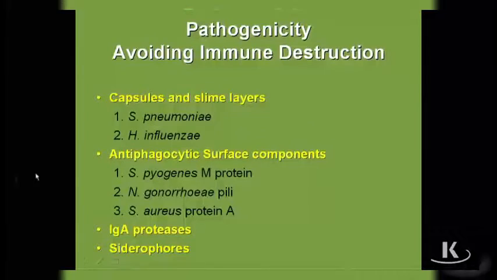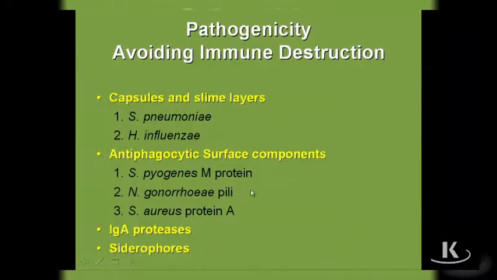In addition to capsules, there are other proteins that function in a similar manner, meaning that they're anti-phagocytic. And we have some of those listed here. The M proteins for strep pyogenes actually are the most important virulence factor really for strep pyogenes as far as being anti-phagocytic.